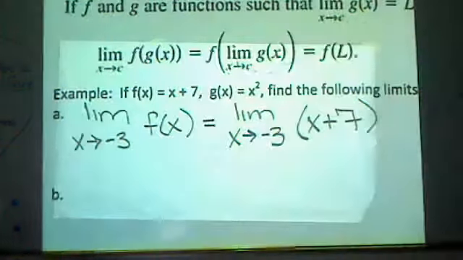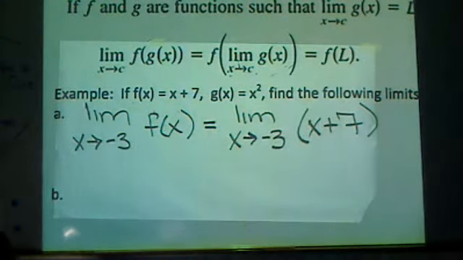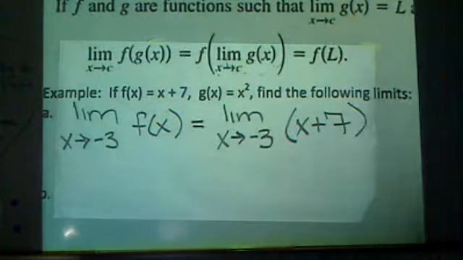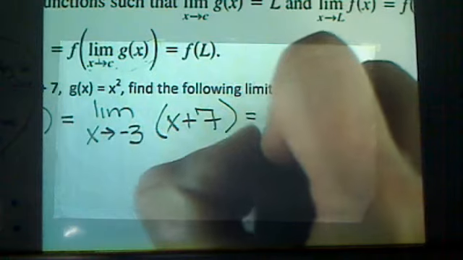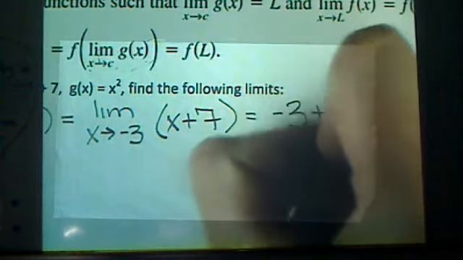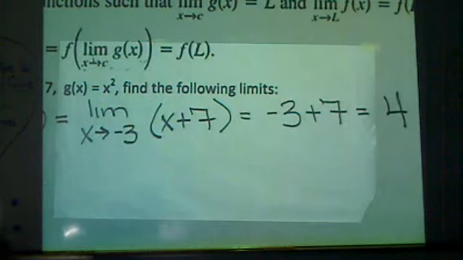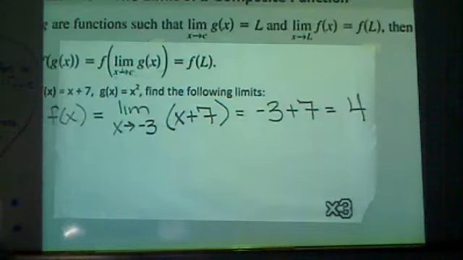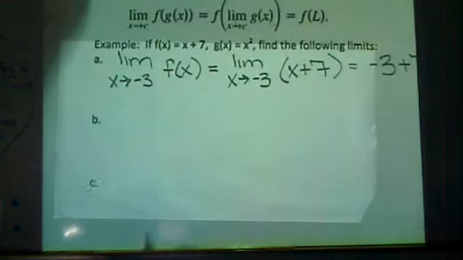As plugging in this number will give us neither a hole nor a vertical asymptote, it's allowed. So I'm going to directly substitute it in and have negative 3 plus 7, which equals 4. So the limit as x approaches negative 3 of f of x equals 4. Let's go on to part B.